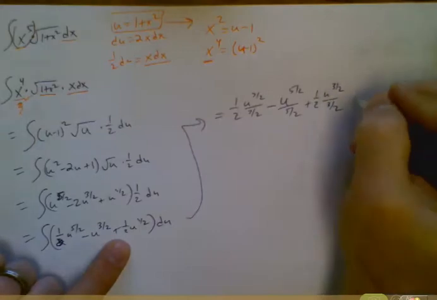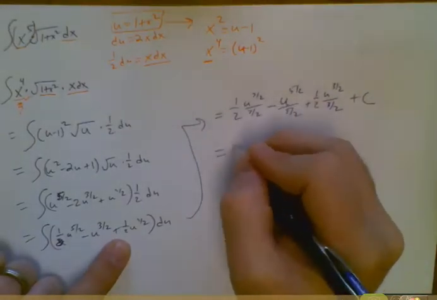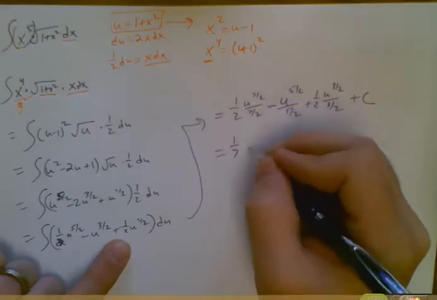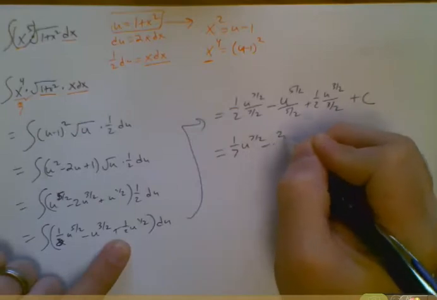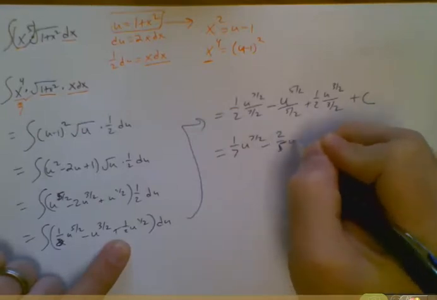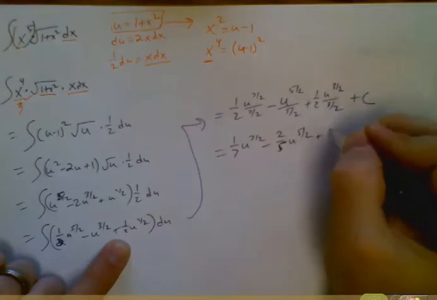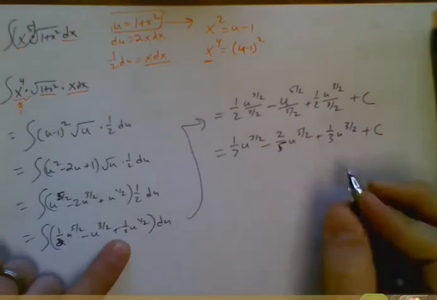And it's indefinite, so I have a plus c. Let's clean that up a little bit. That's going to be 2/7 over 2, so 1/7 u to the 7/2. This is going to be minus 2/5 u to the 5/2 plus 2/6, so 1/3 u to the 3/2 plus c.